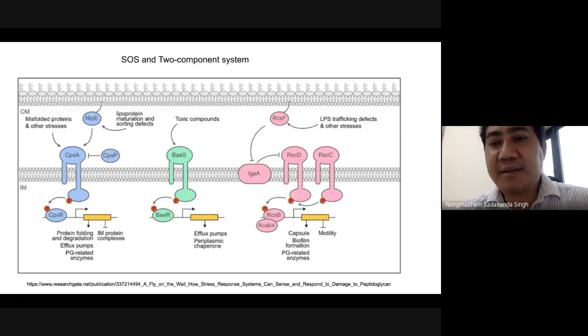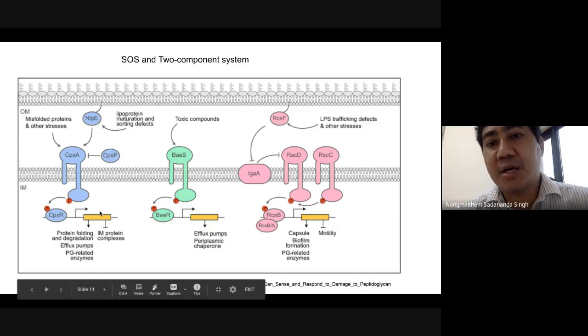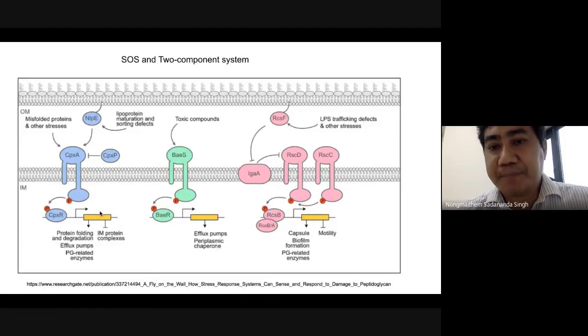Why it is very important here, the SOS and two-component system, is that in many of the bacteria there is a feedback system, and there are pathogenicity islands. What do you mean by pathogenicity islands?